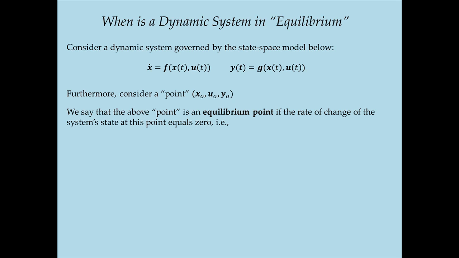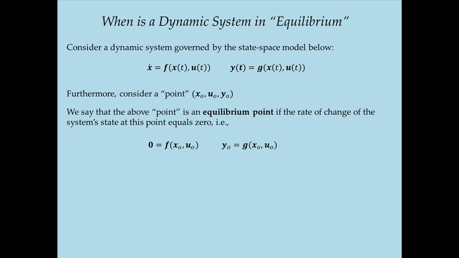In other words, x dot is equal to 0, which means that f of x naught and u naught is equal to 0, but the output equation still applies, which means y naught is equal to g of x naught and u naught. If these equations are satisfied, then the point x naught, u naught, y naught is an equilibrium point.